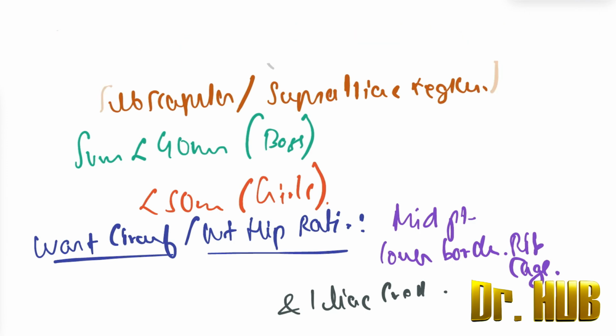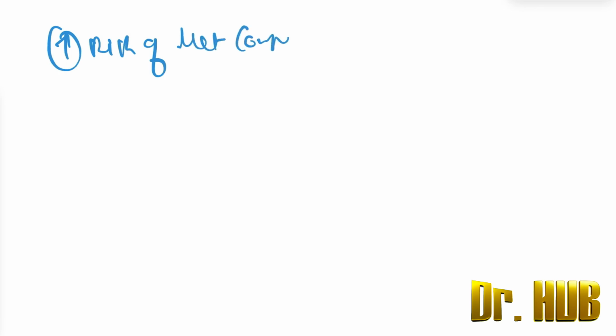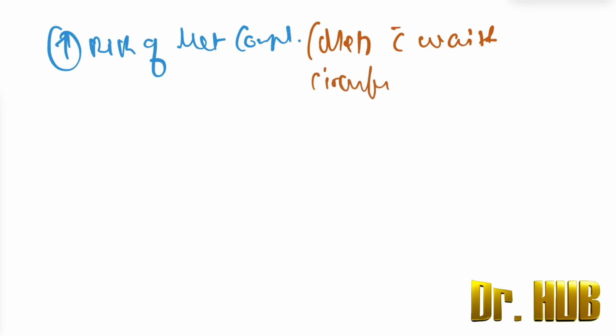What we see is an increased risk of metabolic complications for men with a waist circumference of about 1.2 centimeters approx, and for women with a waist circumference of 88 centimeters.